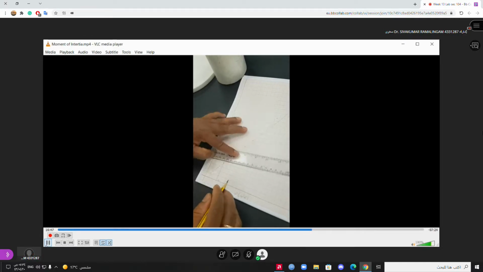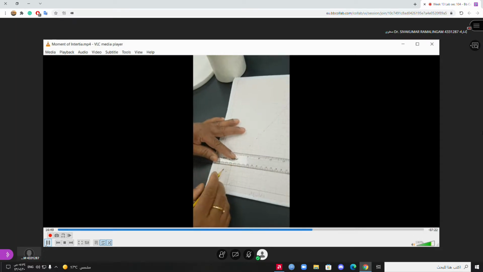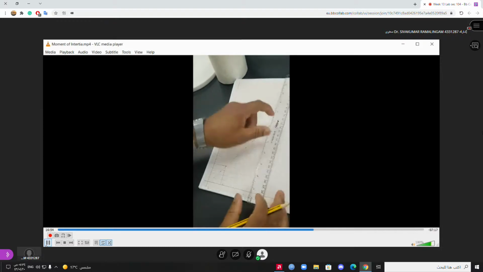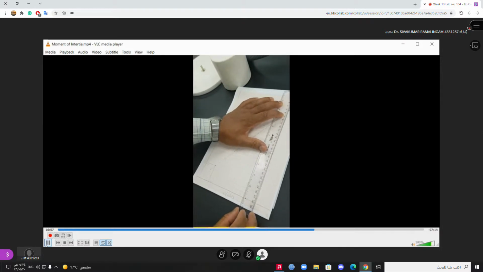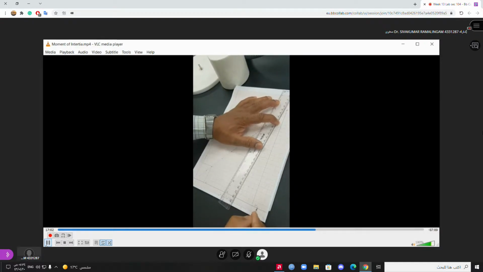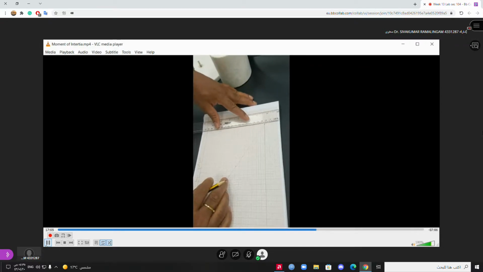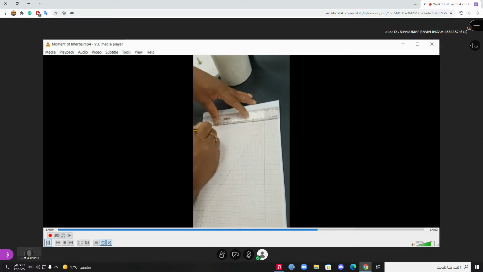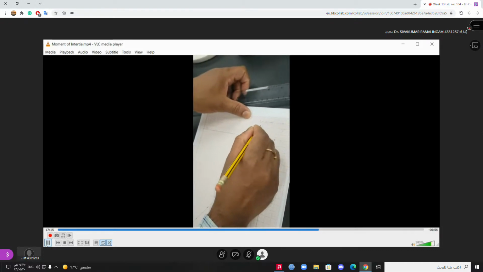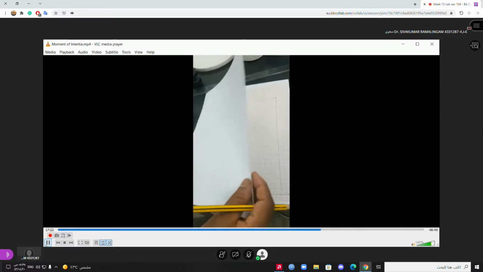Write this: this is x1, and this one is your y1, and this is your x2, and this is your y2. Here you have to write delta x is equal to something, delta y equal to something. I will explain this delta x, delta y in the regular class because I don't have the example values.